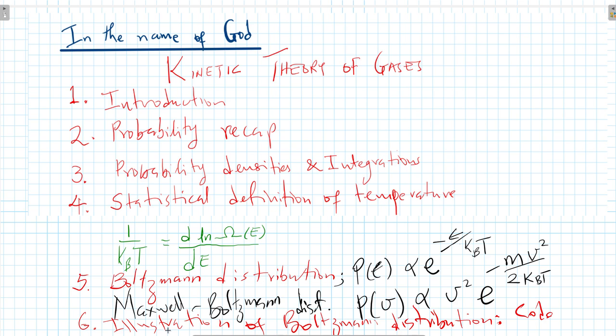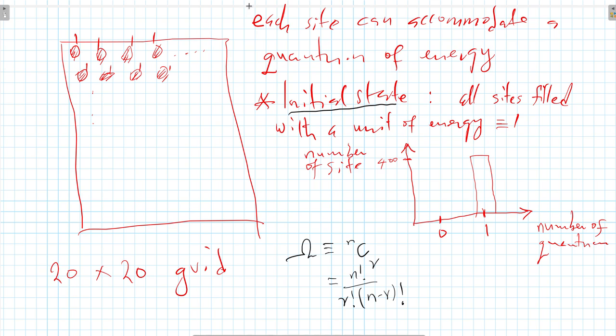Today I would like to make some illustrations of the Boltzmann distribution and hopefully write some code. So we consider a system having a 20 by 20 grid. On each site of the grid we can arrange some quanta of energy.